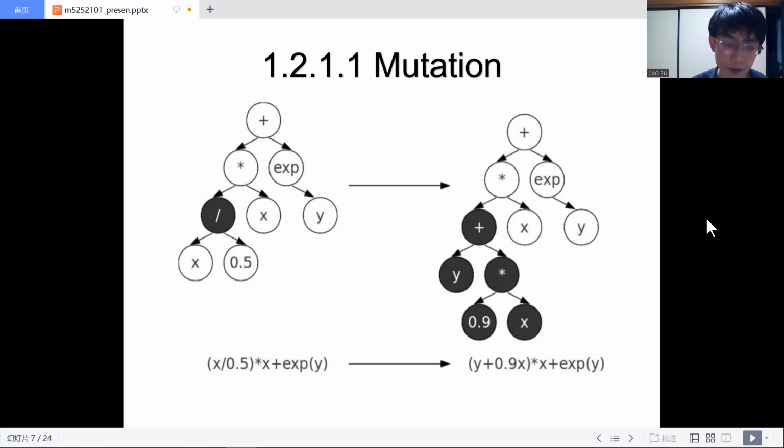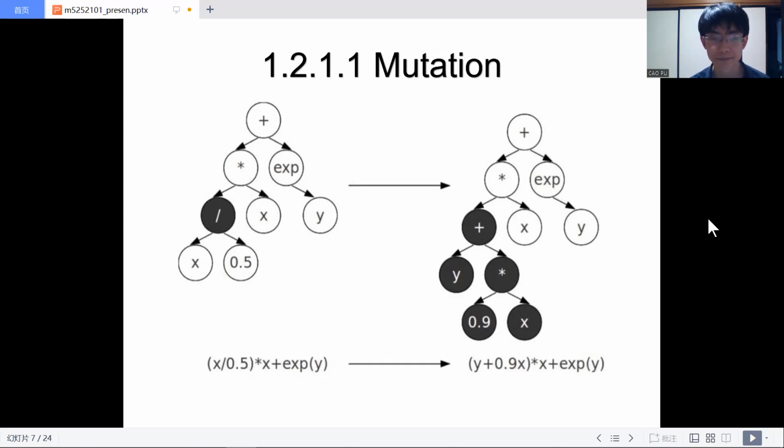And the crossover is similar. At first, you need to randomly pick two individuals from the total population, then do a random search again for each one to pick the nodes.